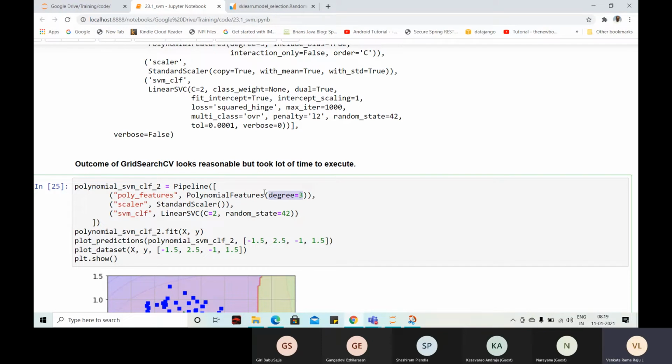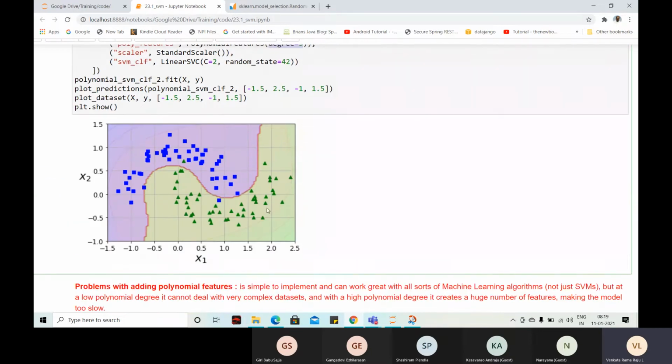So 10 plus 10, 20 factorial by 10 factorial into 10 factorial. It's going to be a big number, right? There are going to be many columns there. So if you have to build a model, the memory is not going to be sufficient.